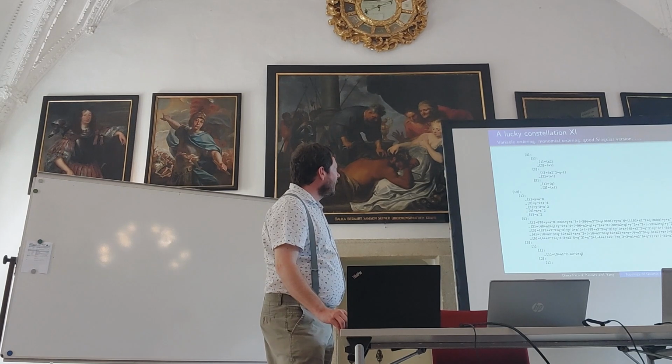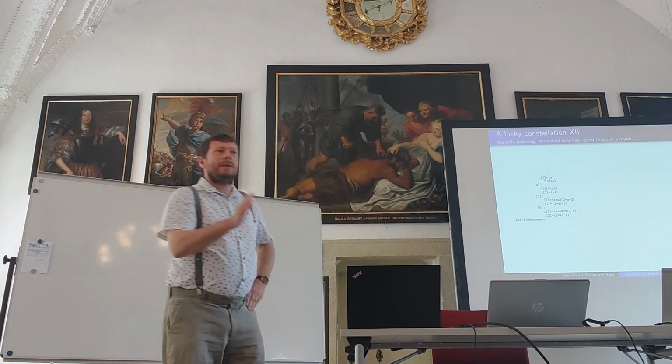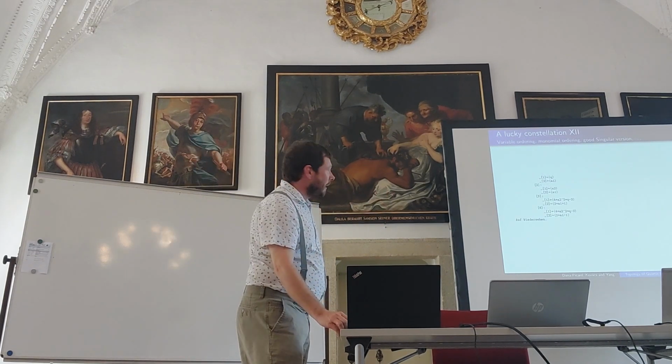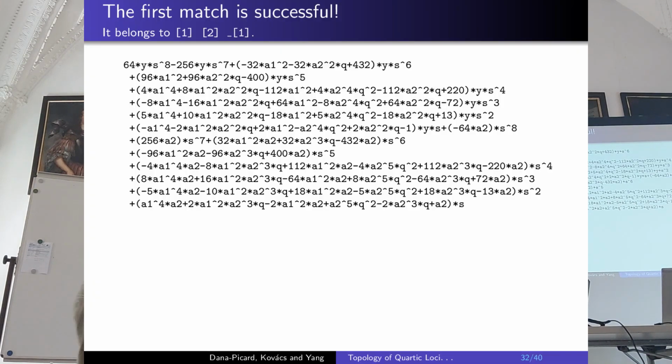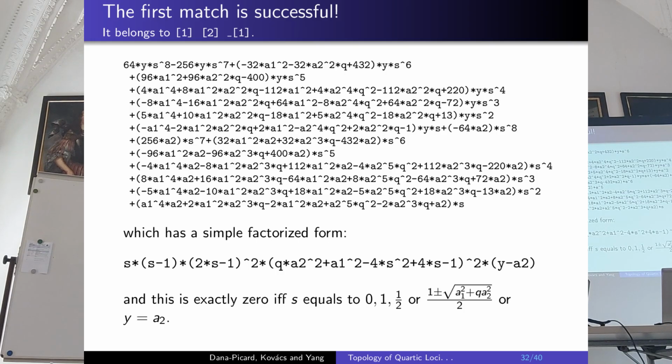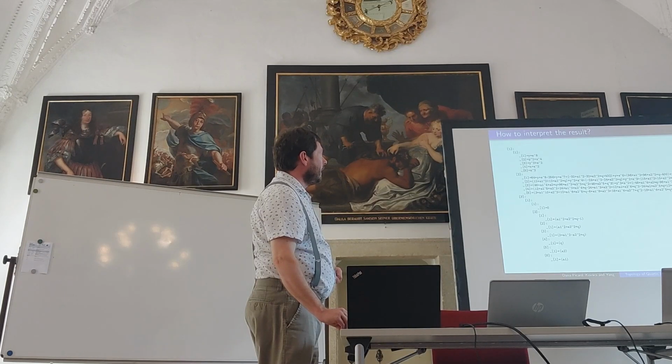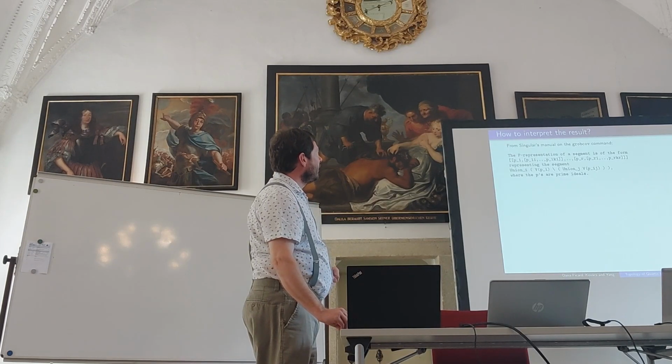I have 12 slides for the output, but luckily already the first polynomial that was delivered by Singular was helpful, because we managed to transform it into another expression that gave us a useful result, and it also had a kind of geometrical meaning.